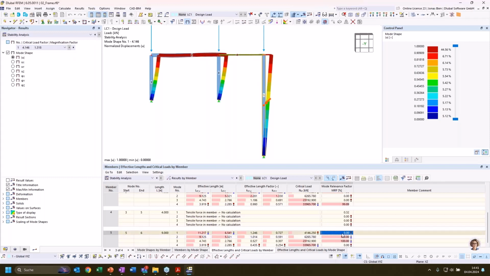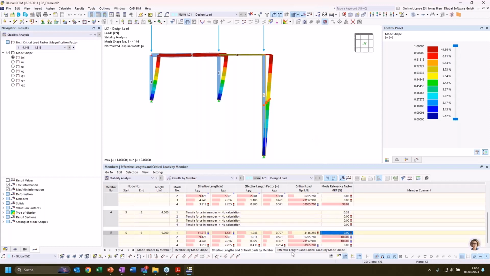It's a relative measure because deformations in a stability analysis are not absolute values, but they are somehow scaled, and so is the mode relevance factor. So you can imagine that the member with the highest internal deformation energy always has, in the model for one particular mode shape, a mode relevance factor of 100%, and acts as a reference member for all the other members.